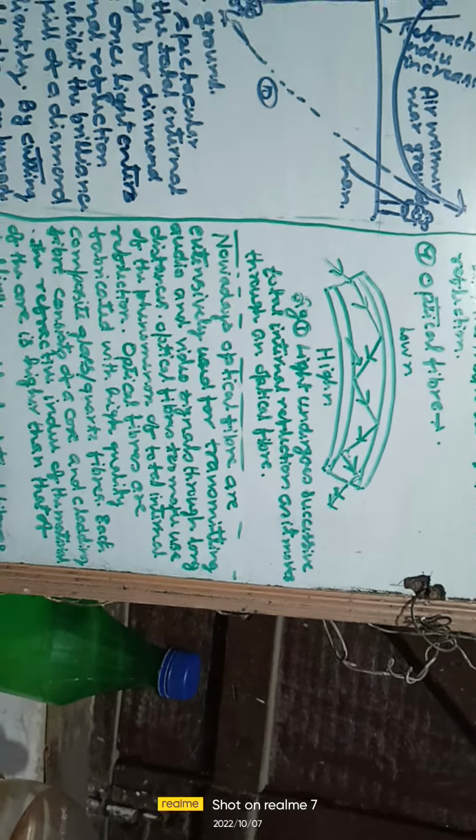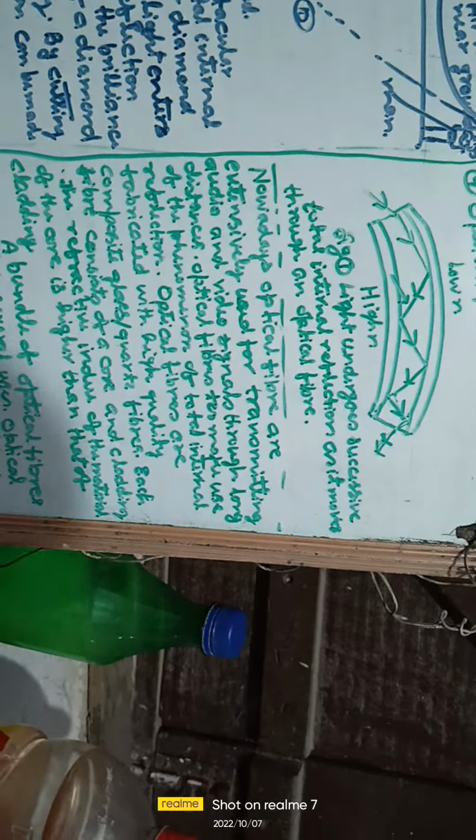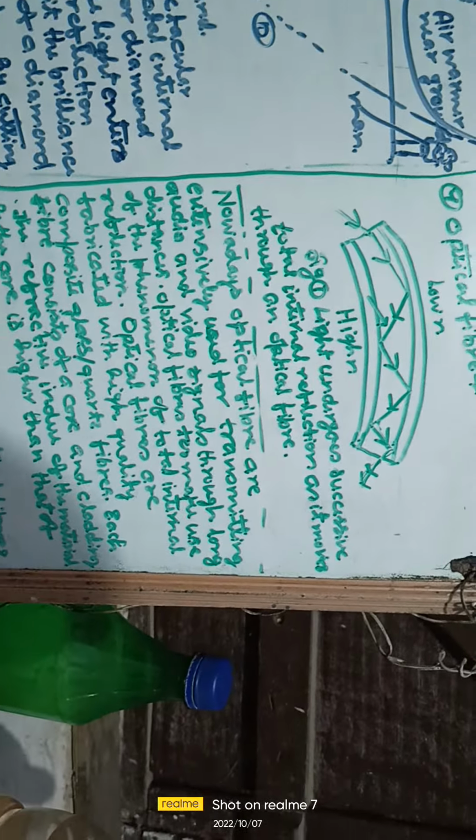Optical fibers make use of the phenomenon of total internal reflection. Optical fibers are fabricated with high quality composite glass or quartz fibers.